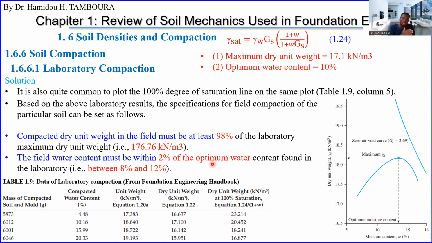After laying, because on the field, the compaction is done maybe layer by layer, first you have to put water on the soil. The amount of water is calculated using this water content, because remember, water content is just weight of water divided by weight of soil.